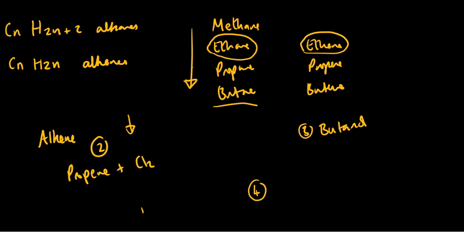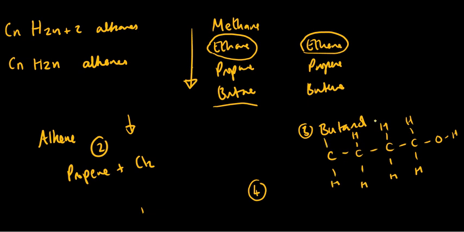So if we go butanol, so butanol is going to be 4 carbons with our functional OH group and our hydrogens surrounding. Next one is going to be our propene plus Cl, which is going to give us our halogen alkane.